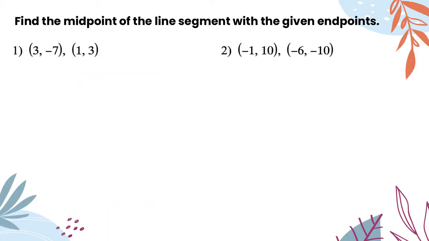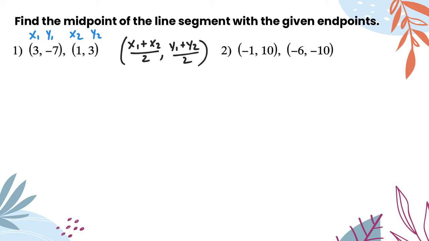So let's go ahead and give that a go. Remember, our formula is x1 plus x2 divided by 2, and y1 plus y2 divided by 2. So I've got x1, y1, x2, y2. It does not matter which one you assign to be x1, y1, which one you assign to be x2, y2, as long as your pairs are in a coordinate.